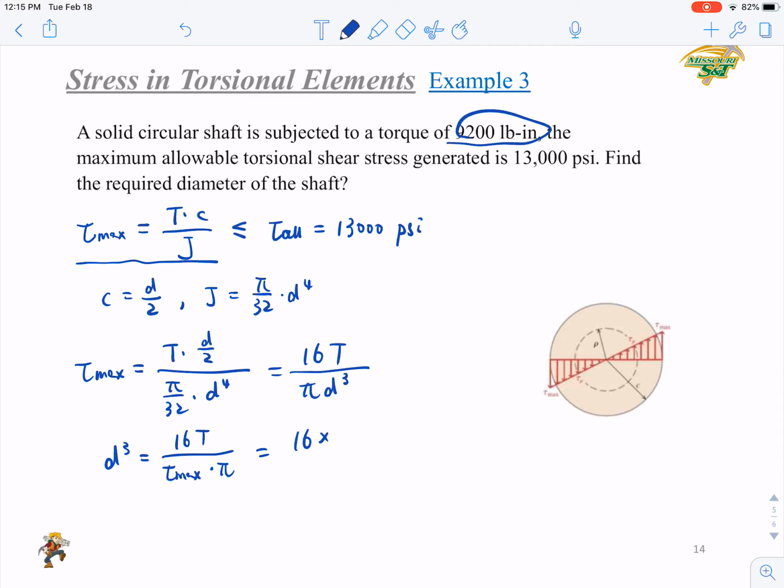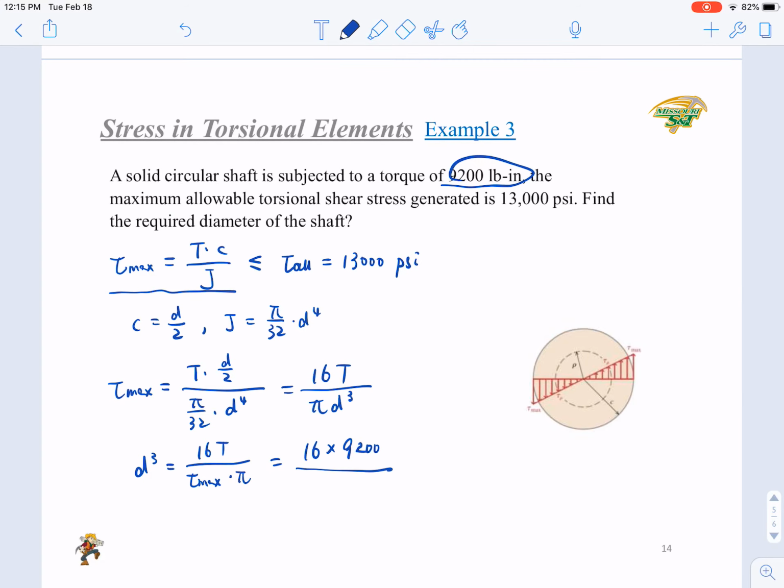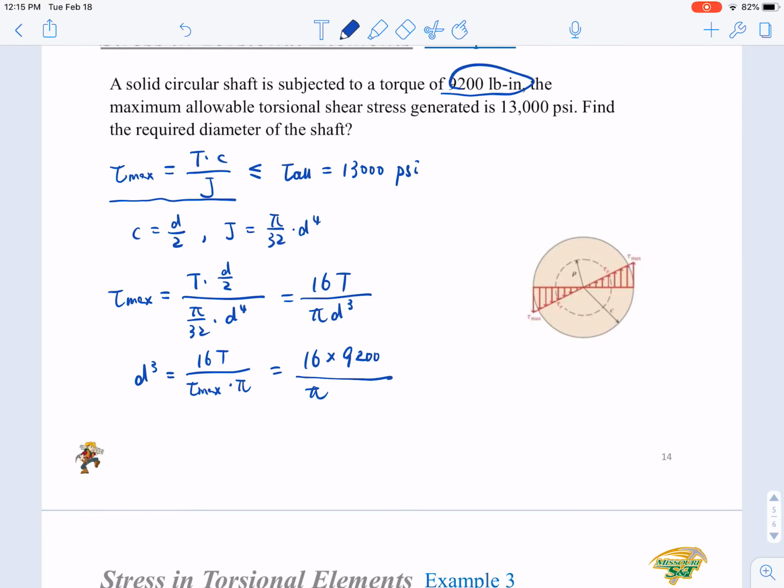So this is 16 times the T we already know here, 9,200, over pi multiplied by 13,000 psi. So here you will get 3.6 cubic inch.